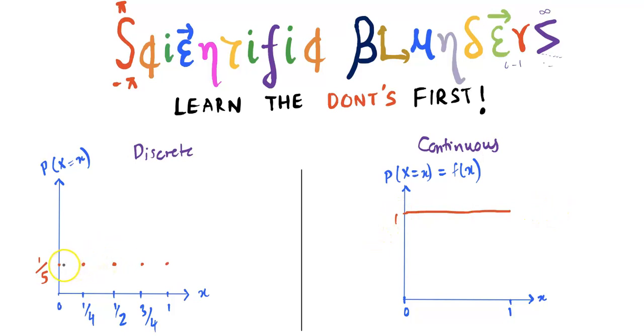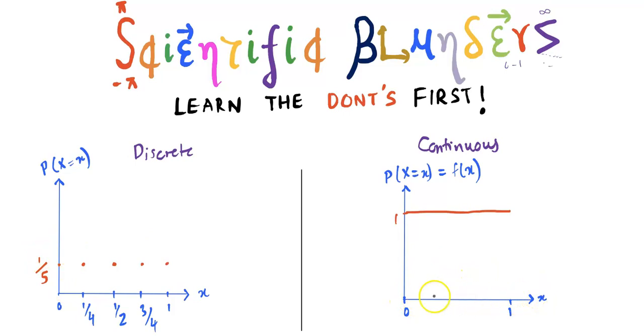So although the values on the y axis, the probability here and the probability density, are different, these distributions are very similar in that the discrete distribution tells you what values x can take between 0 and 1 with equal probability, and the continuous distribution is the same thing.